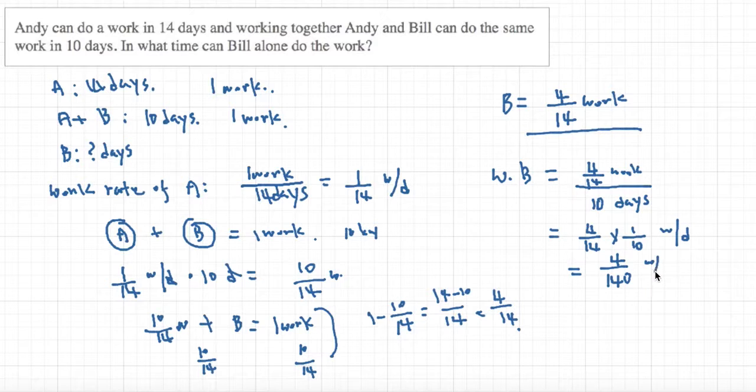That's the work rate of B. By the way, there is an assumption for Andy and also for Bill that their work rates are always the same. Now the question is, in what time can Bill alone do the work?